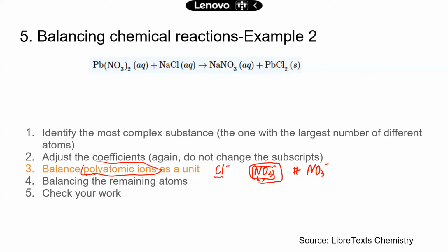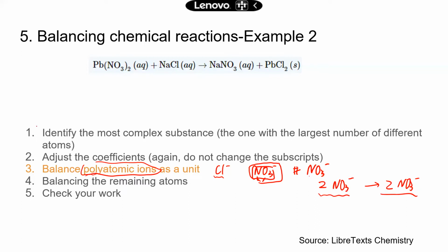So you don't do number of nitrogen and number of oxygen. No, you do not separate them out. You treat them as 1 unit, 1 group. So if you have, let's say, 2 ions on the reactant side, then you've got to have 2 on the product side.